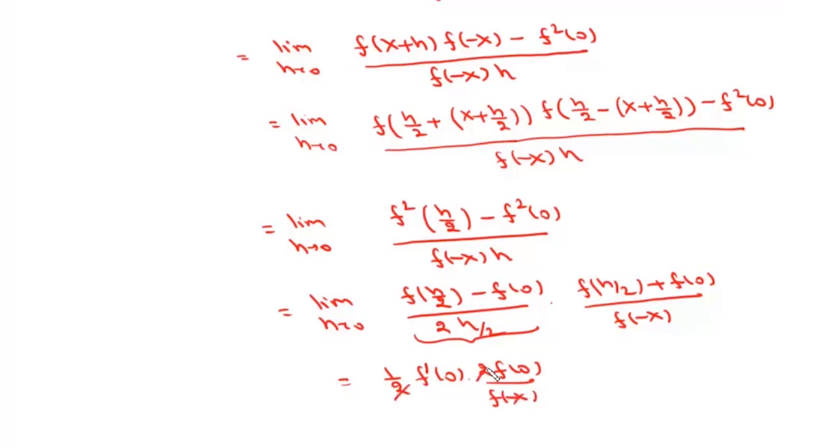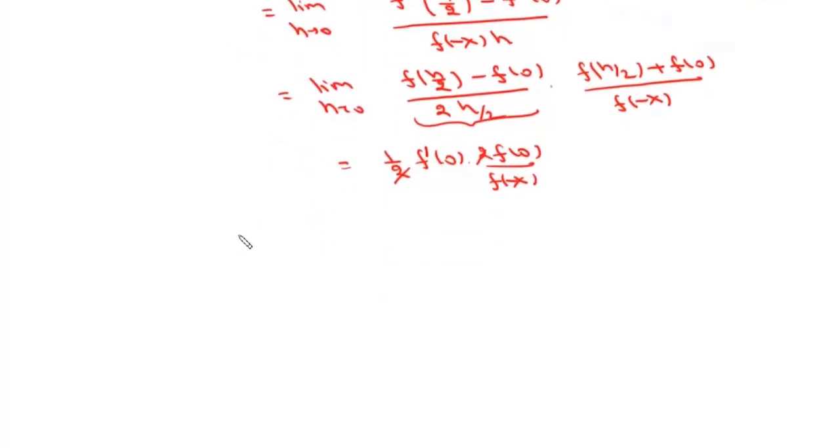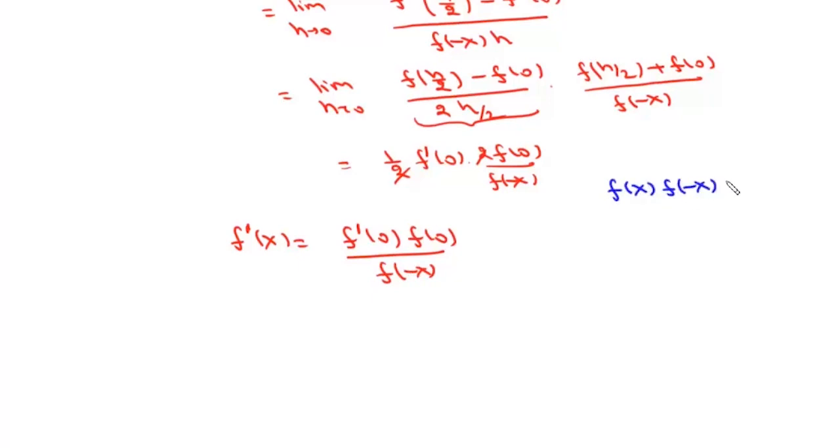Now this 2 and 2 will cancel. So now we have f dash x as f dash 0 into f(0) upon f(minus x). Now we have already proved that f(x) into f(minus x) is f square 0. So we'll replace f(minus x) with f square 0 upon f(x). So it will be this f dash x equals f dash 0 into f(x) upon f(0).